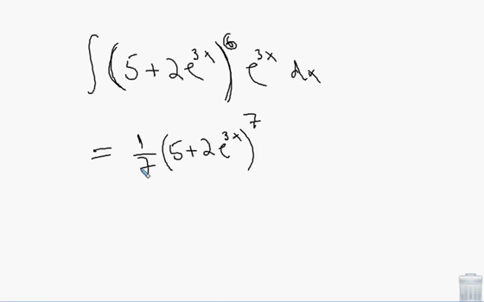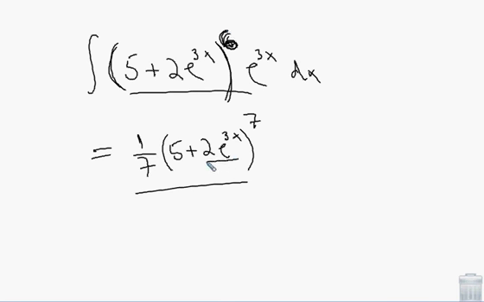Okay, now the question is, if we take the derivative of what we just did, do we get that original integrand? And of course, you get this quantity to the 6th again, because the 7 becomes a 6 and comes down in front, and it's going to cancel with the 1/7. So that works. And then out pops the derivative of the inside.